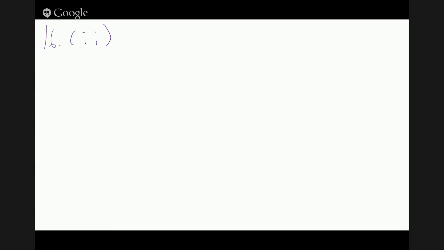Sam, back to your question, 16II. Write an equation for the reaction between methane and chlorine to form chloromethane. And it's actually going to form HCl as well. That's 1 mark. Leo, I'll get to that question at the end if that's okay.